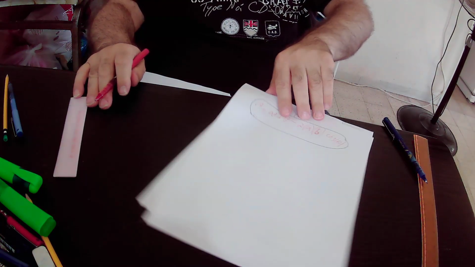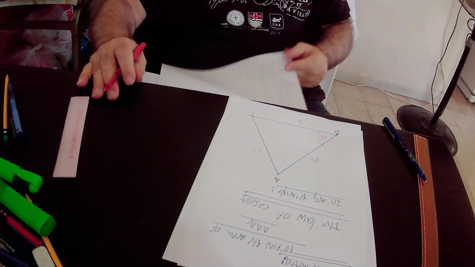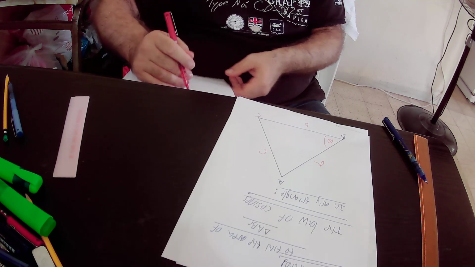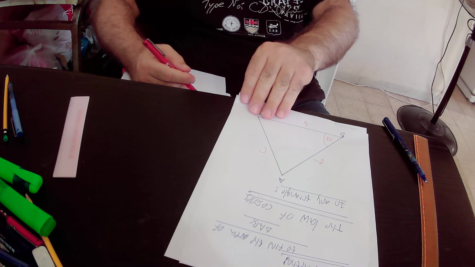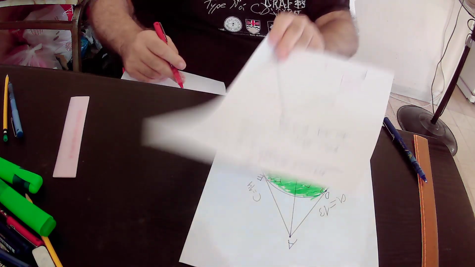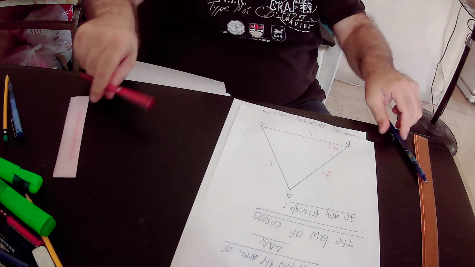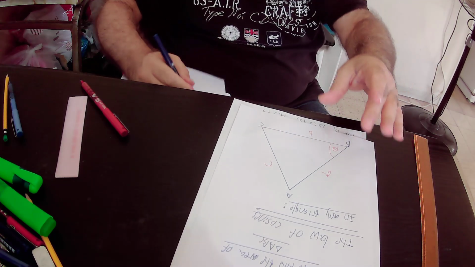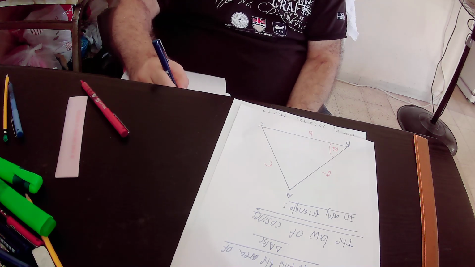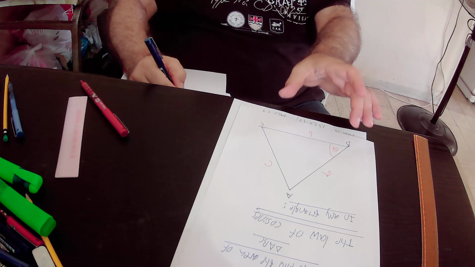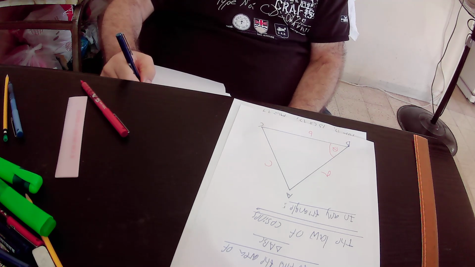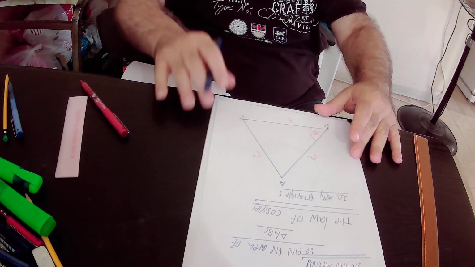So, we can actually implement the law of cosines in our triangle ABC, because we know that A equals 13 units in our triangle ABC, B equals 15 units, and C equals 14 units.